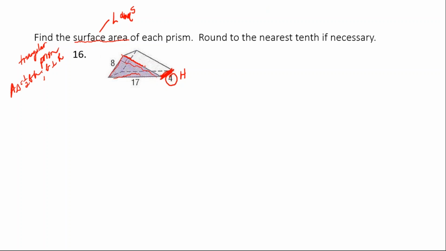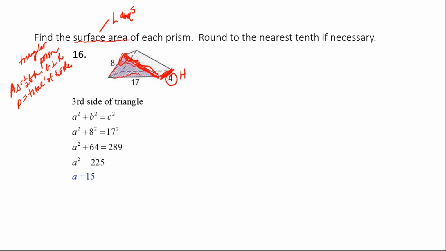So I don't know this one because I remember for area I have to find that. And for perimeter, I still have to find that. So I have to find that before I can do much of anything. I have a missing piece, total sides. So, like we said otherwise, I have a right triangle, Pythagorean theorem.